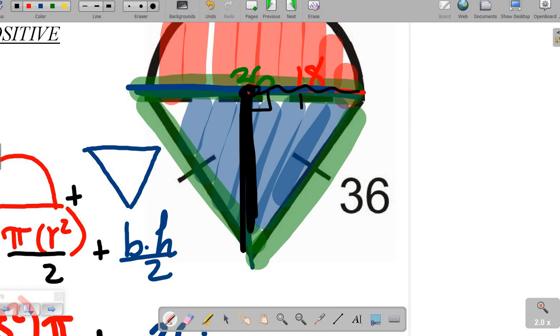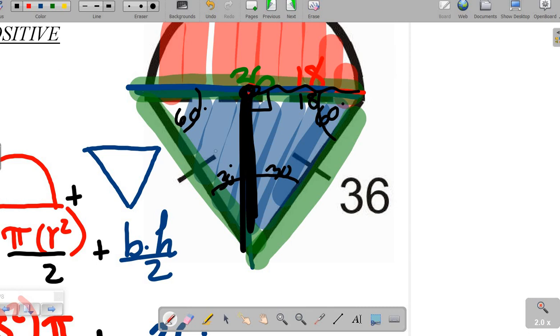We know this is 18. And if all three sides are equal, all three angles are equal in this case. So that would make this 60 degrees, 30, and 30. And we got ourselves a 30, 60, 90. Short leg root 3, short leg times 2.